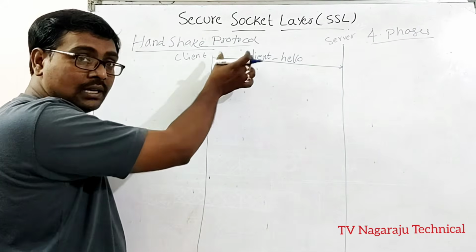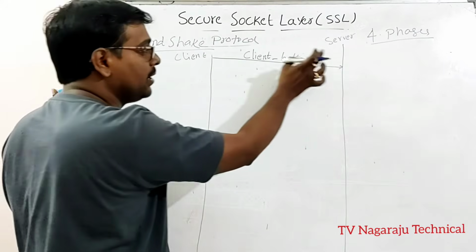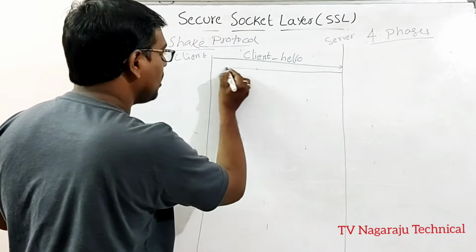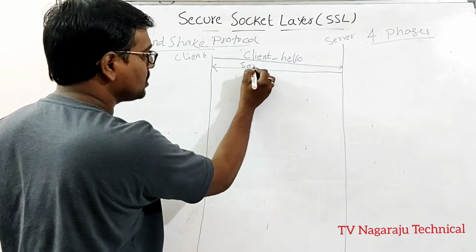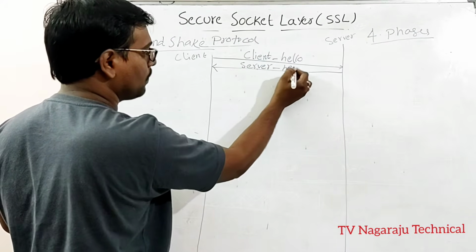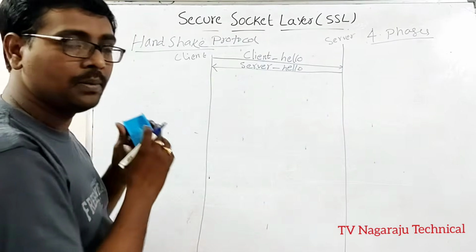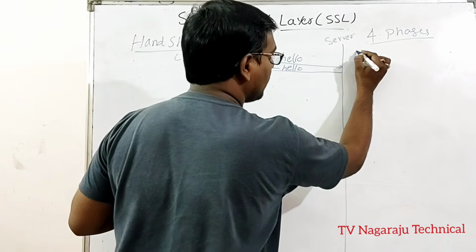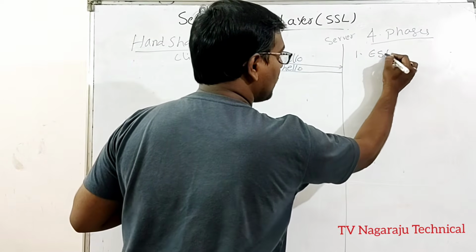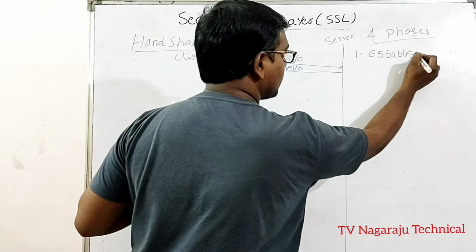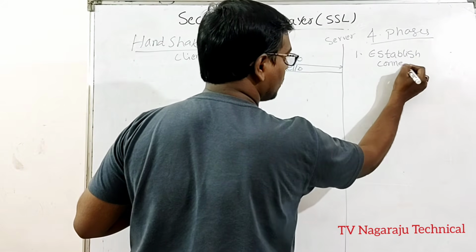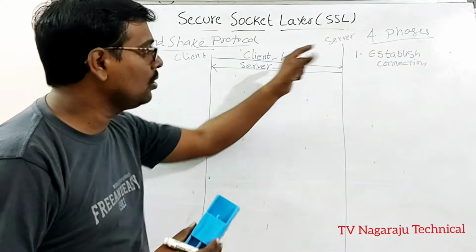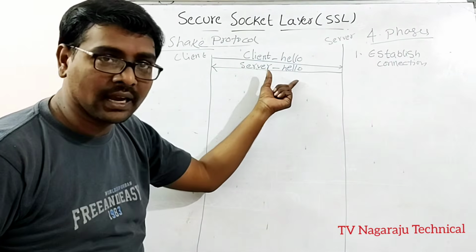On receiving it, the server also sends a message, server hello. By exchanging these two messages, my first phase is completed. This is phase 1: establish a connection. By transferring the client hello and server hello, we are establishing a connection.